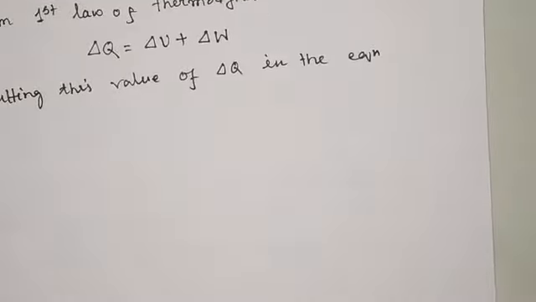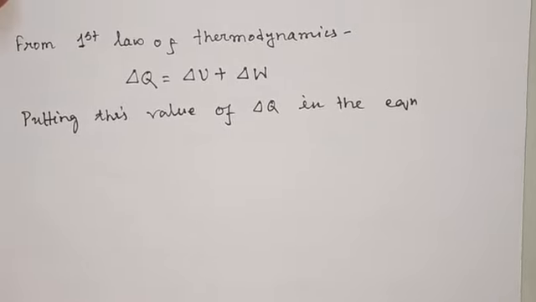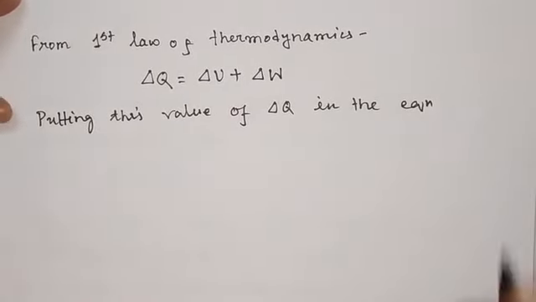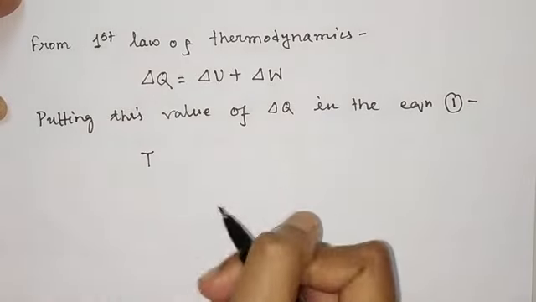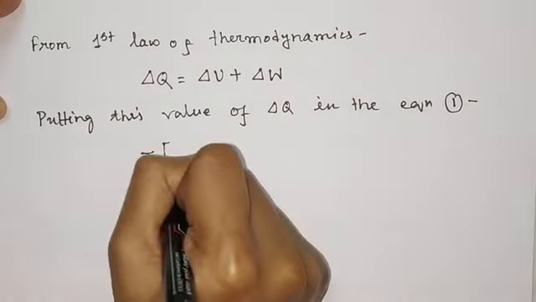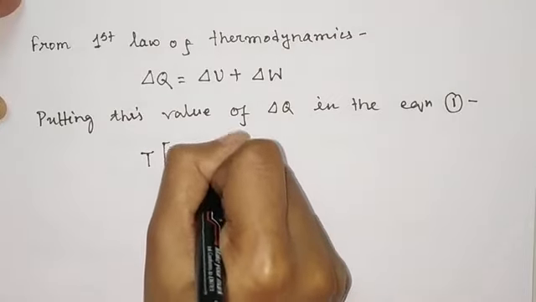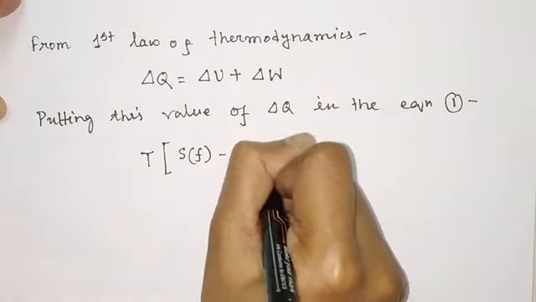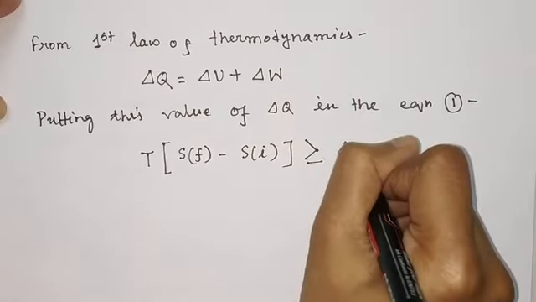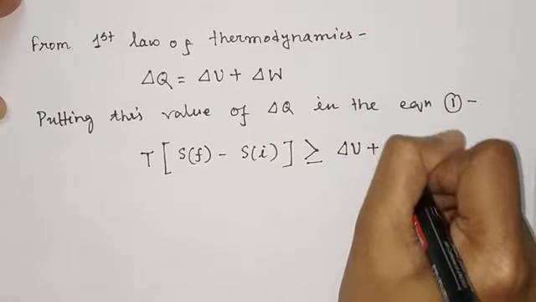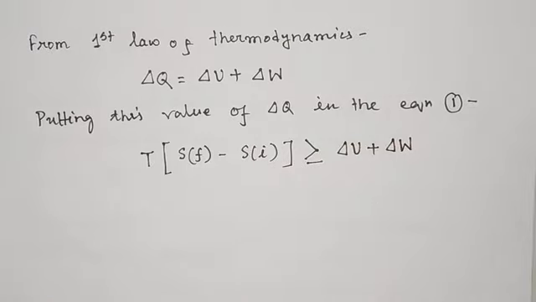Putting this value of delta Q in equation 1, on the left hand side we have T into (SF minus SI), which is greater or equal to delta U plus delta W.